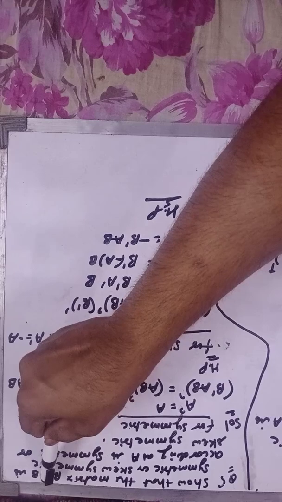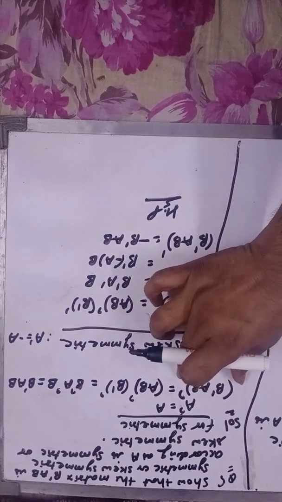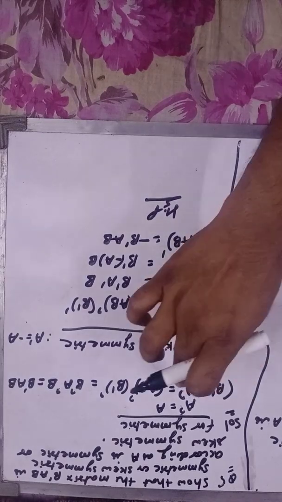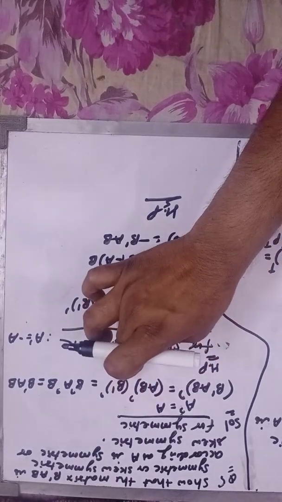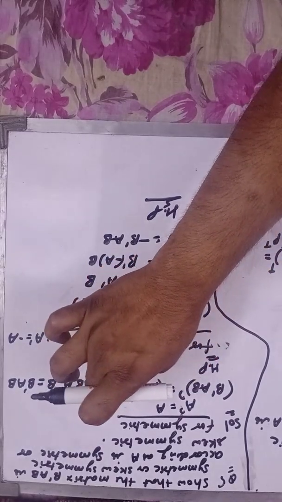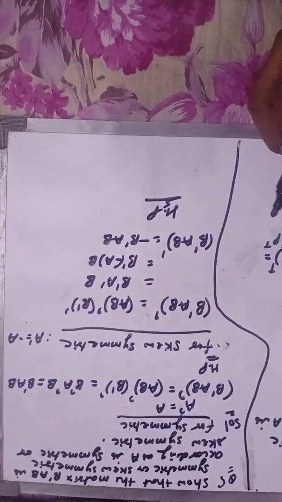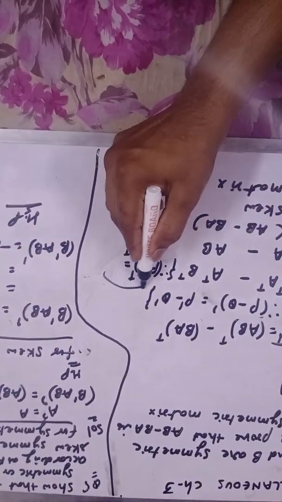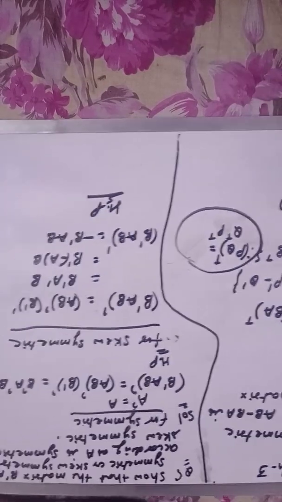Now we take the transpose of B dash AB, where the dash represents the transpose. We can write it as (AB) transpose and B transpose transpose, using the same condition again.